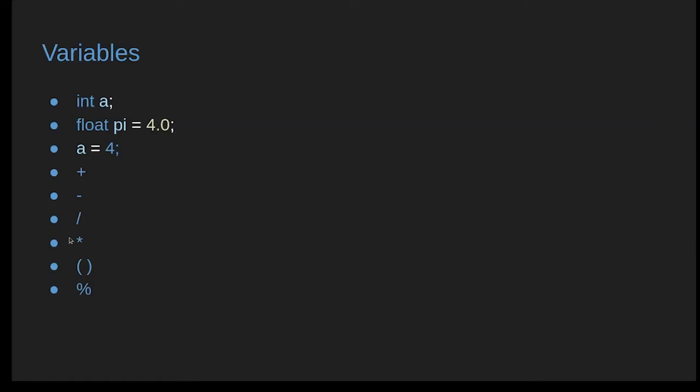So if you have variables with the star, yes, you multiply them like this. You can use brackets just the same as in mathematics, as long as the brackets on the left match the same number as the brackets on the right to define an order of operations. And then a special symbol is the percent symbol, which defines modulo. So it gives you the remainder of something.